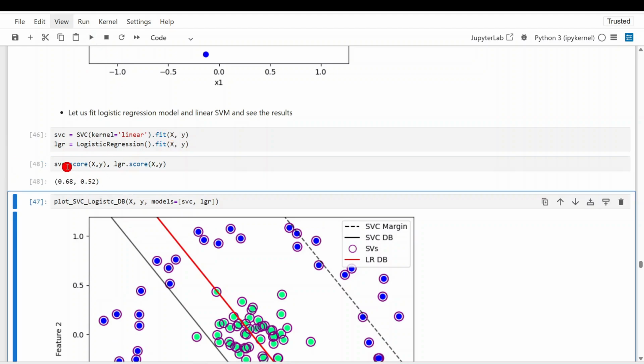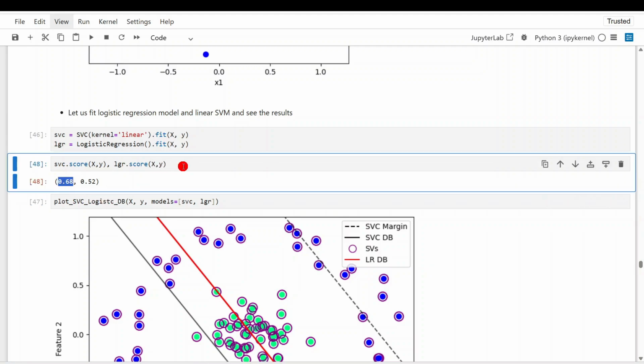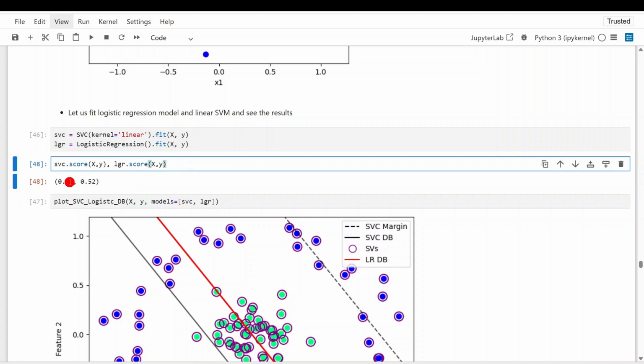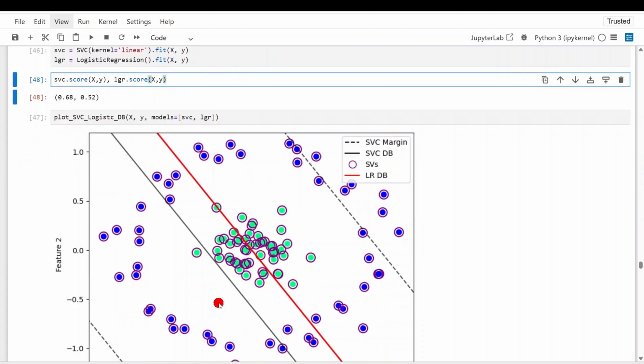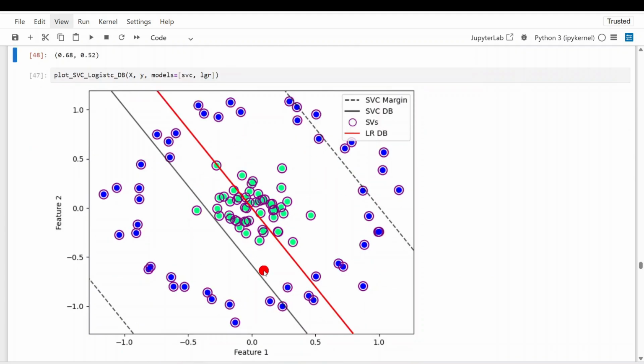You see the support vector classifier has 68% accuracy, and the logistic regression model has nearly 50% accuracy, because this data is not linearly separable.